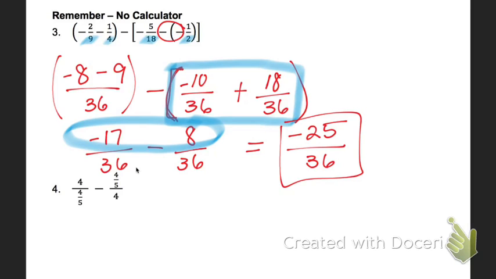Okay, here we have a fraction over a fraction. Now this is where it gets really fun, in my opinion. So what I'm going to do is I'm going to rewrite this as 4 over 1 over 4 over 5.